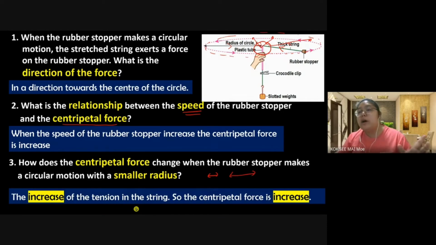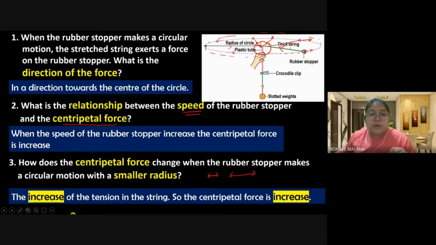Okay, for the longer one, although you produce the same force to rotate, the stopper moves in a bigger circle, and the tension from the center to the stopper is less because it's loose already. Closer is tighter, further becomes loose. After that, when you swing, it takes some time.